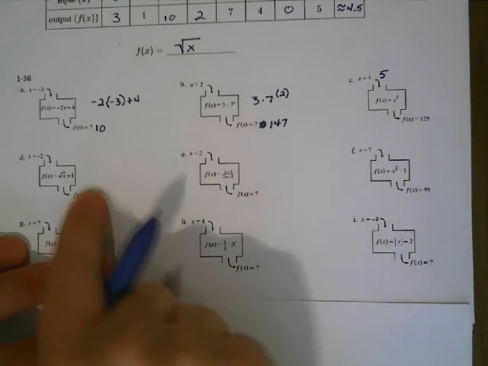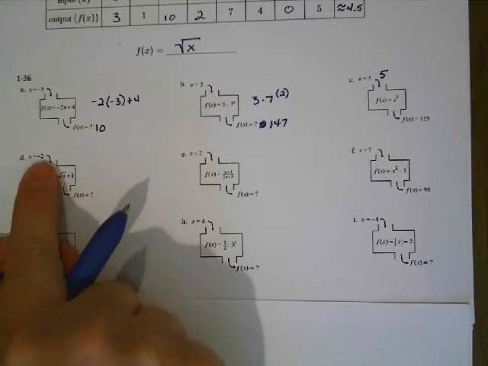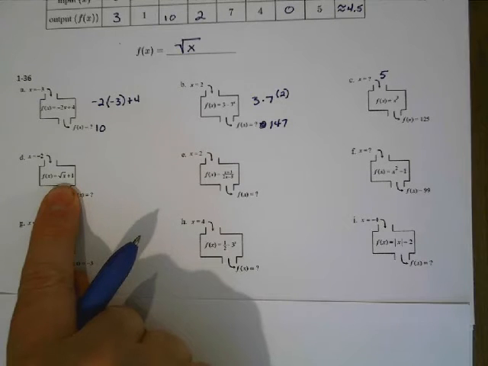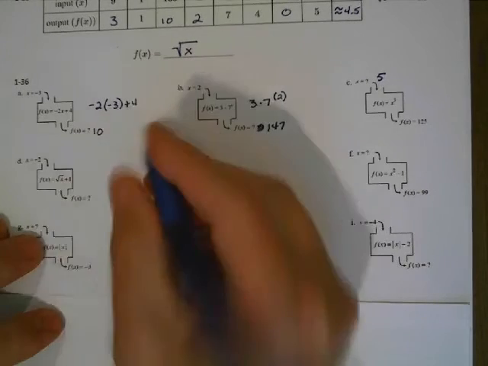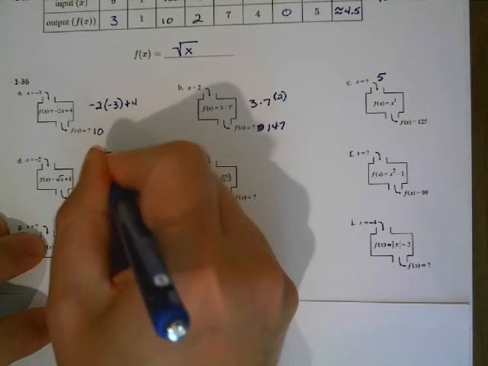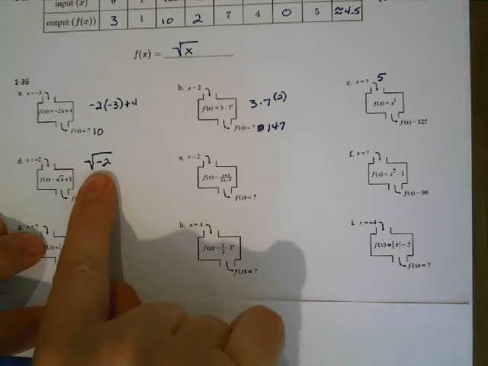For D, it looks like we're going to take the square root of x and then add 1. So I'm going to plug in -2. So the square root of x, so the square root of -2, ooh, that's a little bit of a problem. Because remember what we said before, square rooting was the opposite of squaring. So what number multiplied by itself equals -2?